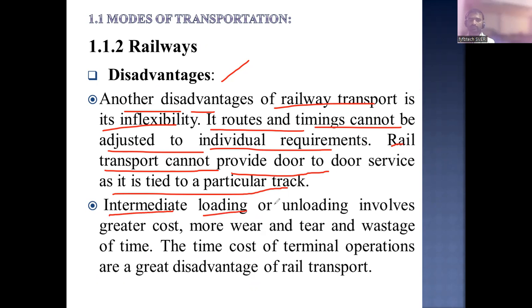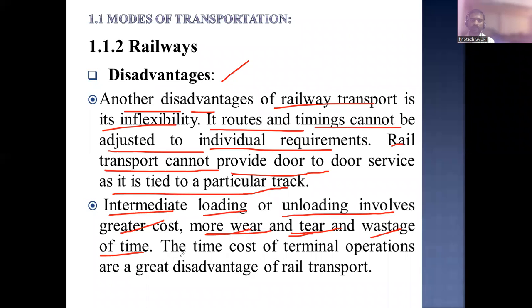Intermediate loading or unloading involves greater cost, more wear and tear, and wastage of time. If you are loading and unloading again and again, what happens is greater cost, loss, more wear and tear, and wastage of time.